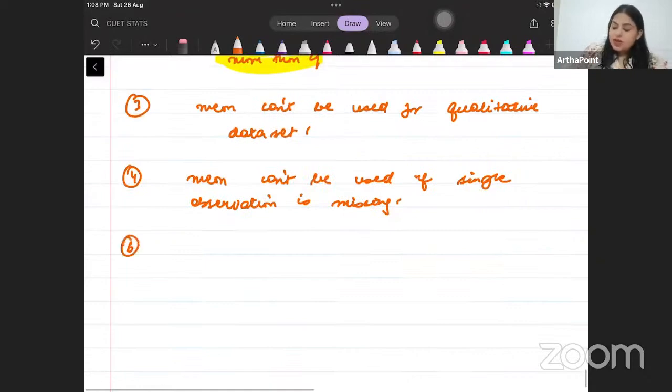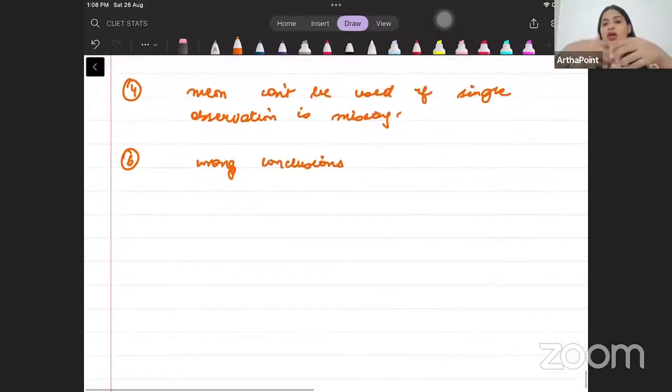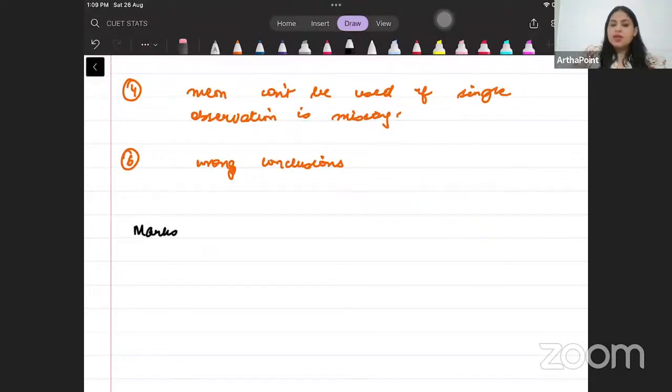Sixth, beta. Mean leads to wrong conclusions a lot of times. So when I say wrong conclusions, what do I mean? Imagine that I give you a data set like this. These are the marks, and this is student A, and this is student B. And this is first test, second test, third test.